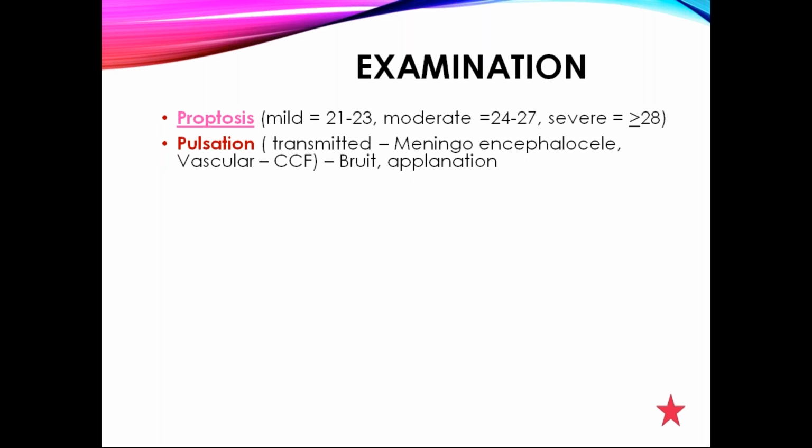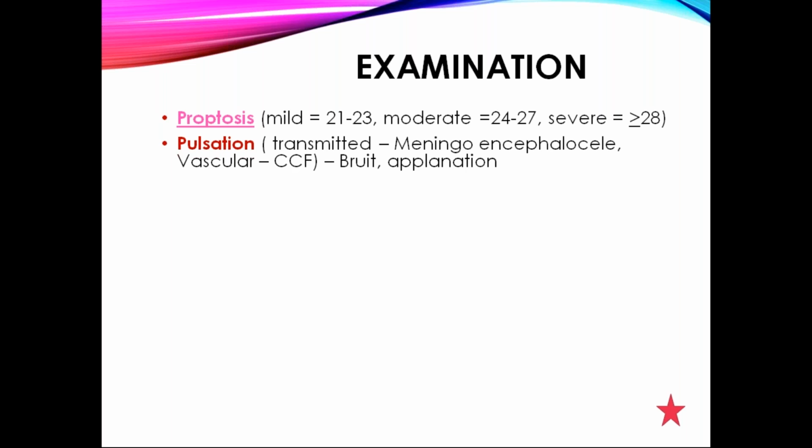Next one you have to look for is pulsation. You have to feel for the pulsation, whether it is transmitted, whether it comes when the patient coughs, whether it is related to heartbeat, whether you can feel the bruit. When you perform an applanation tension, you can see whether it is a pulsatile proptosis or not. A proptosis is pulsatile only when there is some communication with a major vessel.